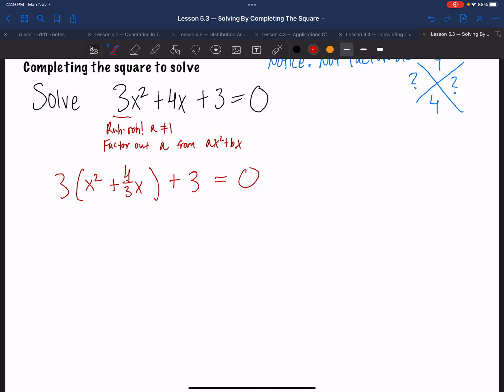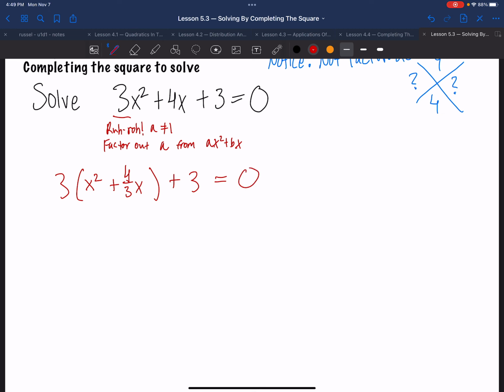Plus 3 and plus 9/3 are the same thing, but this is to get a common denominator, so it's easy to combine those terms. So then I get 3 times x plus 2/3 squared. 9 minus 4 is 5, so this is 5/3 equals 0. From here, now it looks kind of like the previous example 1 and example 2. I mean, it looks a little bit more complicated, but it's essentially the same idea.